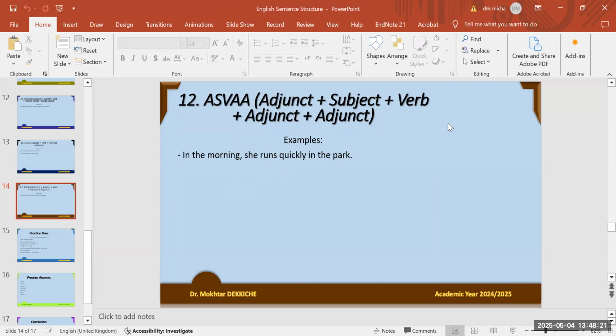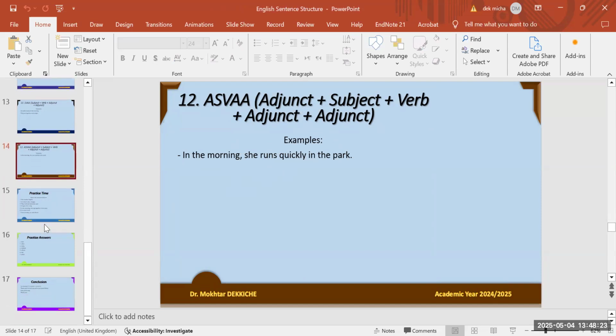Can you think of other examples? Before passing to practice time, I give you some seconds if you have examples to write down.